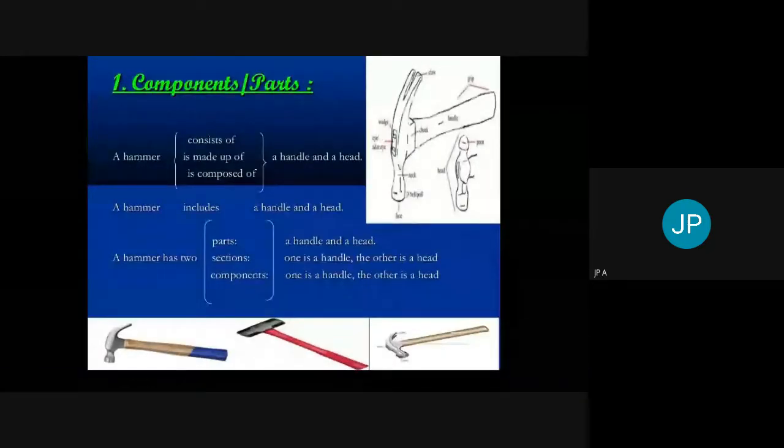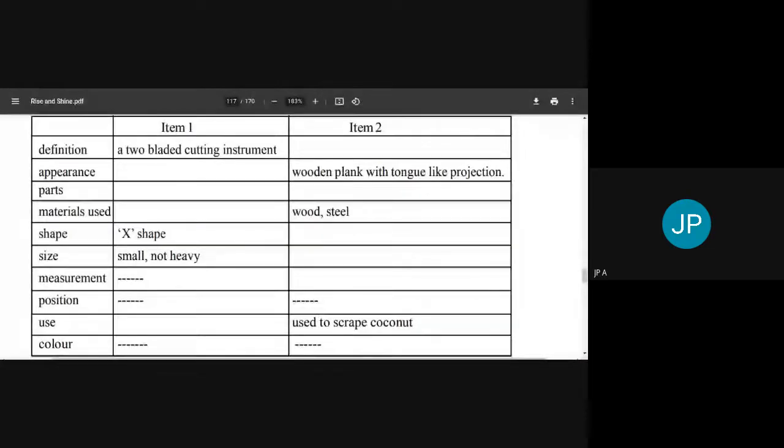Then what do we say? We describe the material with which it is made. What material is it made of? For example, the same object, the same instrument, may have two different parts made of different materials.